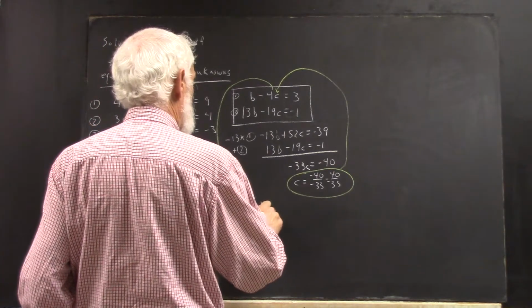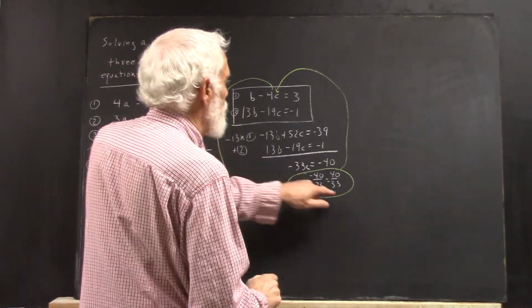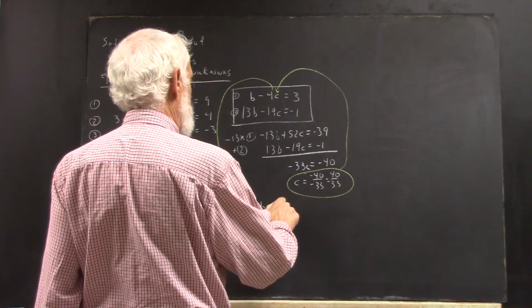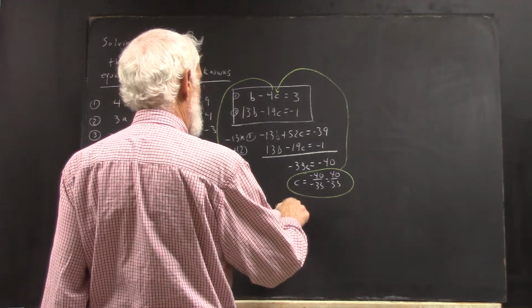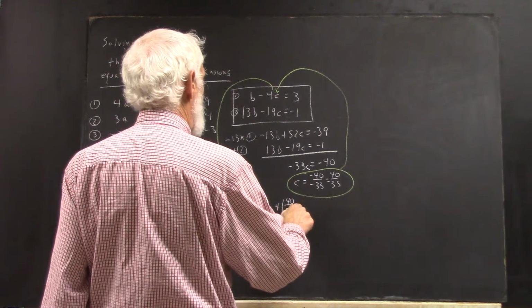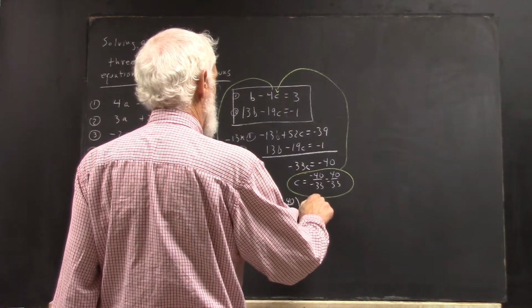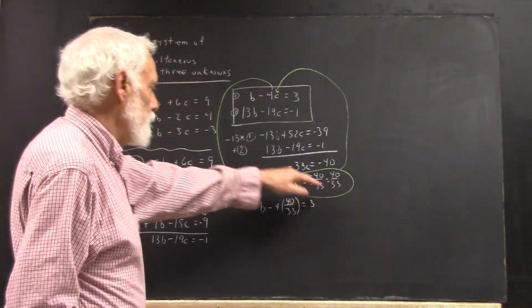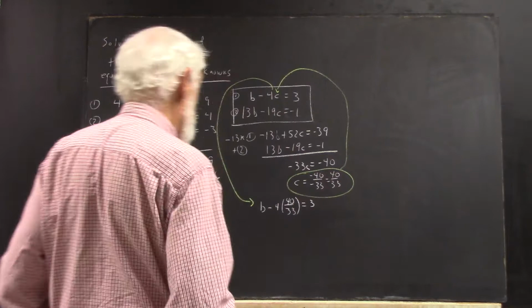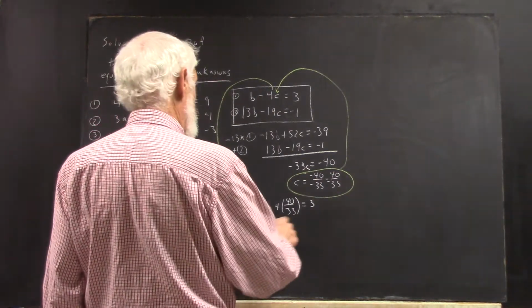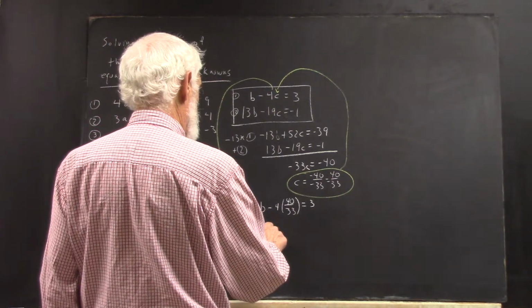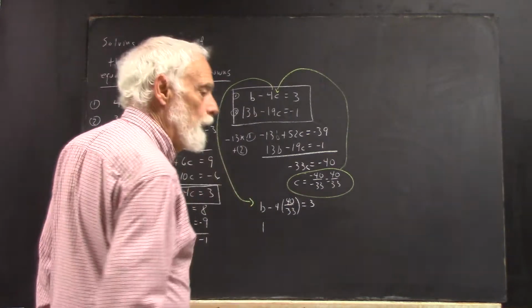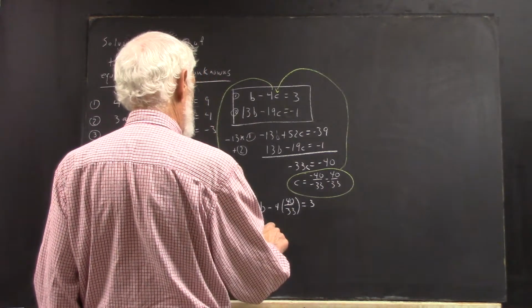So now we have the equation b minus 4c. c is 40 over 33. So we simply replace c with 40 over 33, and then we multiply everything by the common denominator.